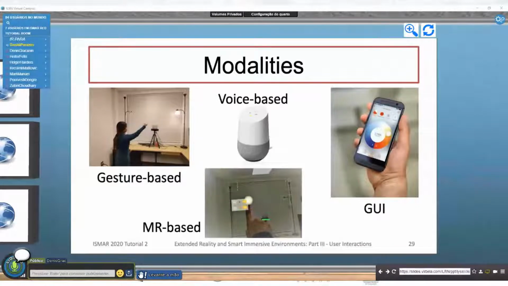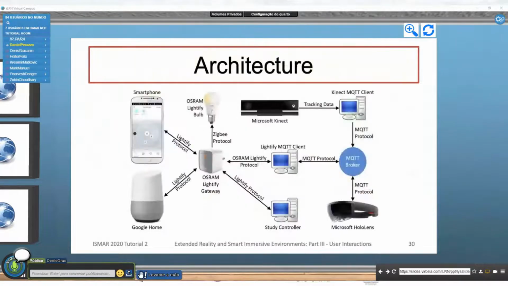As we talked before, now in a smart immersive environment, we want to leverage Internet of Things and make connections with extended reality interactions or interactions in general. So the architecture for that is similar. We have our foundation or infrastructure, an IoT infrastructure that is based on MQTT protocol.